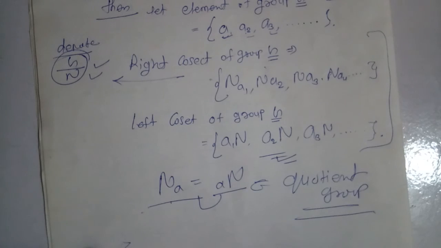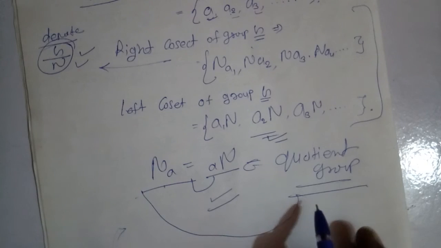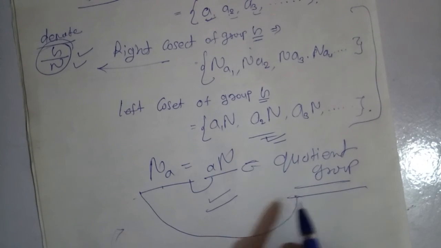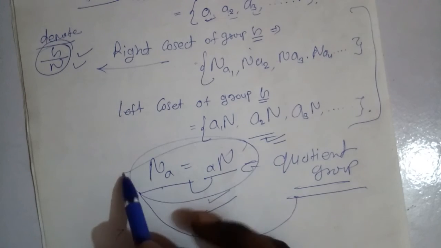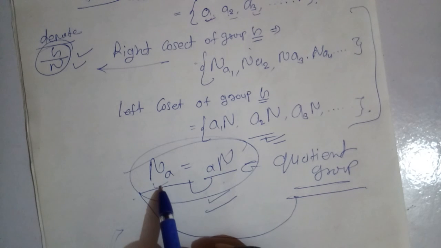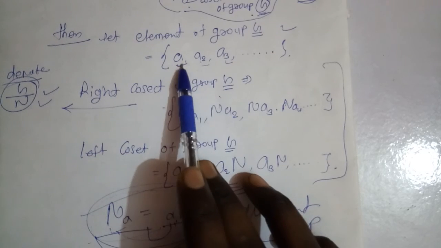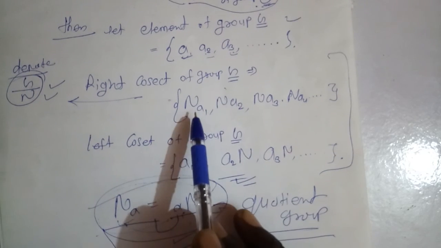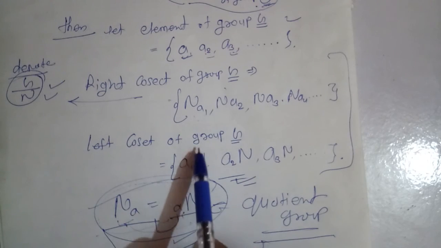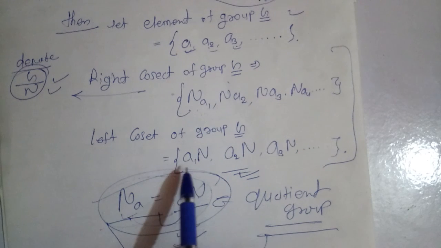Quotient group, and this is the property, and on behalf of this condition we can understand this topic, quotient group. Okay students, this is the Na and aN. What is this? This is a right coset of group G, and this is a left coset of group G, and these elements are included here, a1, a2, a3, and this is the series of a elements.